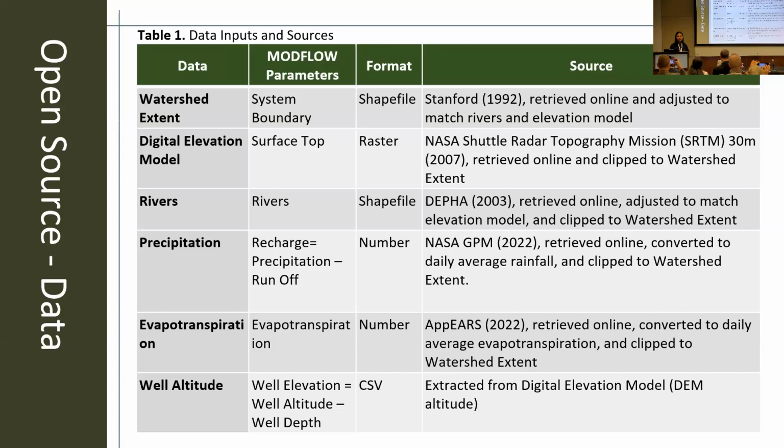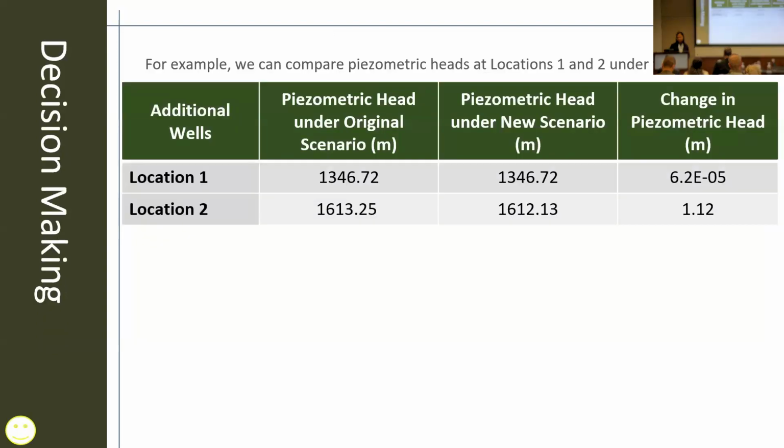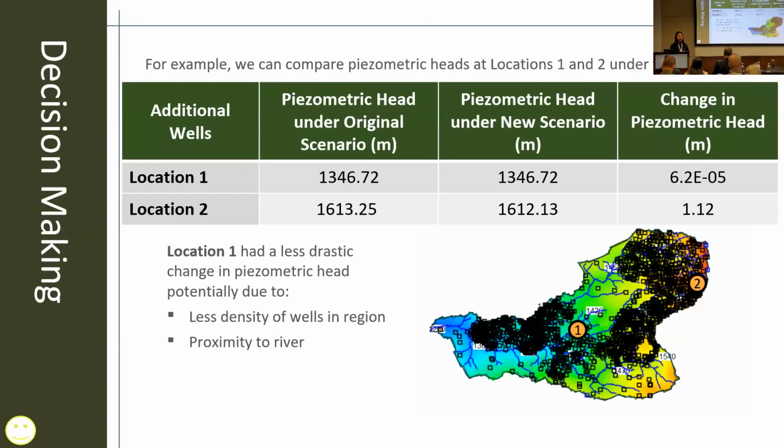If you have a question about this, I can discuss more with you, but because of the interest of time, I will not go into detail. And at the end, this is how our data finally combined with our free open source software and data, and limited field data collection, result in a diagnostic process of predicting the impact of drilling new boreholes in the area and how we can better understand it.